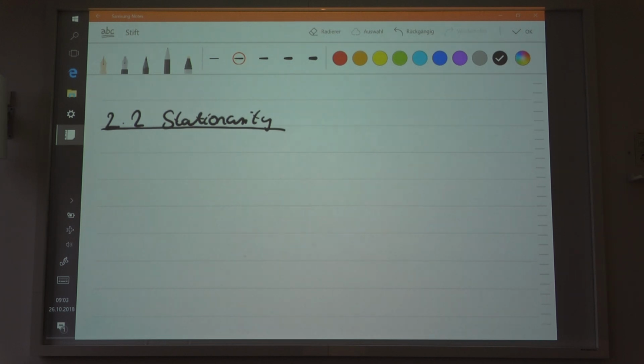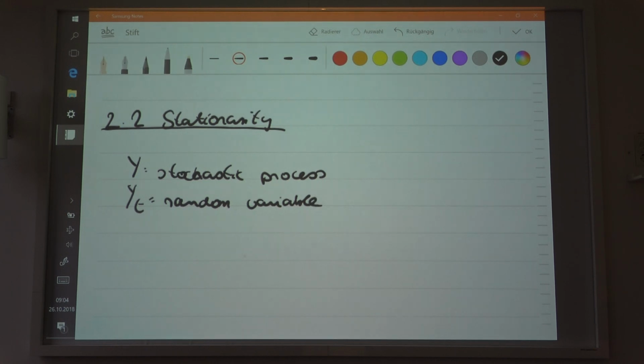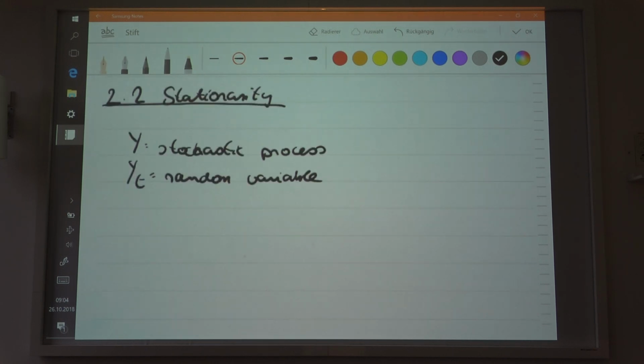Let's say we have a stochastic process Y. Now we fix the time, so you have random variables. Y_t is a random variable because the time is fixed.